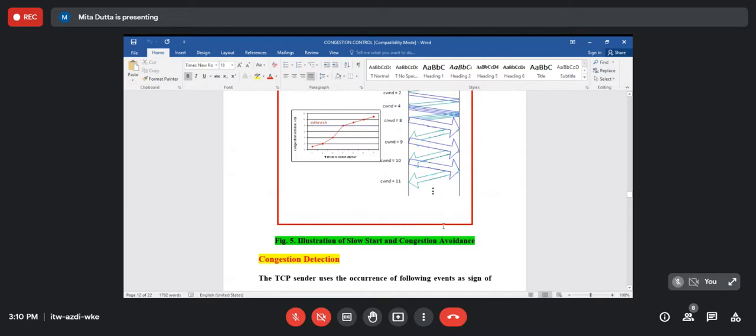For this, there are two situations in which we can assume congestion has occurred: the first is a timeout, and the second is receiving 3 duplicate acknowledgements.